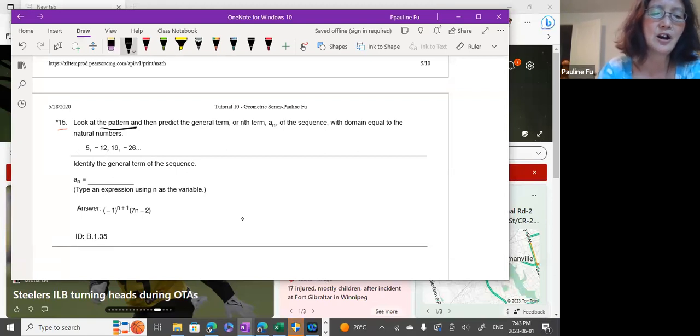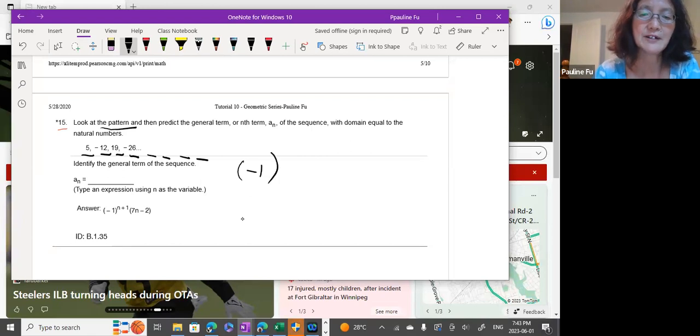The sign alternates. If this is the pattern, usually you have negative 1 raised to power n plus 1. This is one pattern we found, positive, negative, positive, negative.